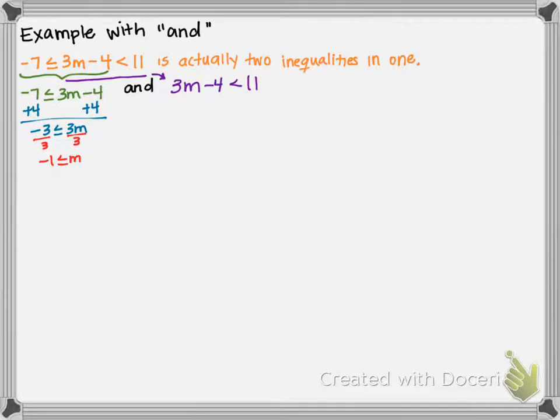So, again, just to repeat myself in case you didn't catch that last bit, I could also rewrite this the other way to show that m has to be greater than or equal to -1. Now the sign did flip, but I actually didn't change anything. It always has to stay facing the same numbers.